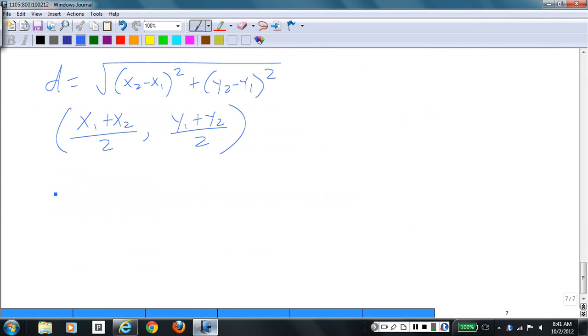The standard form of the equation of a circle is x minus h quantity squared plus y minus k quantity squared equals r squared.